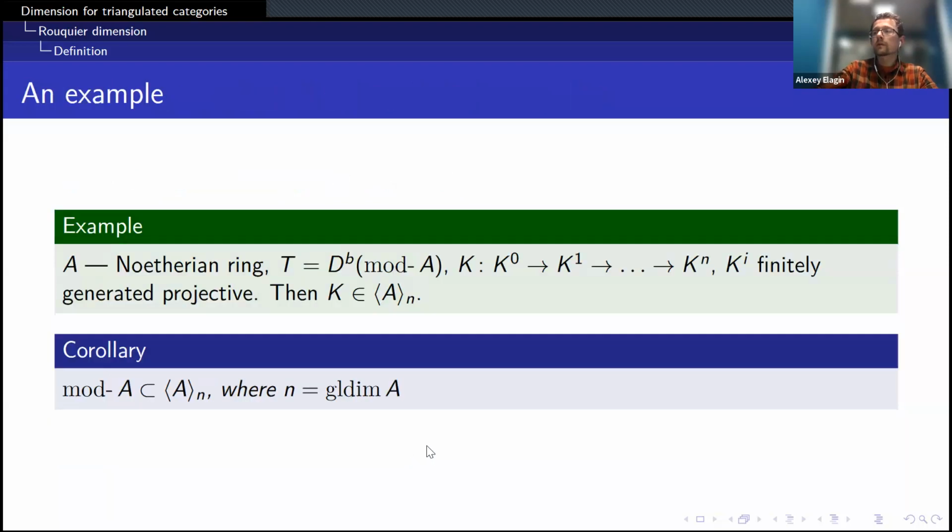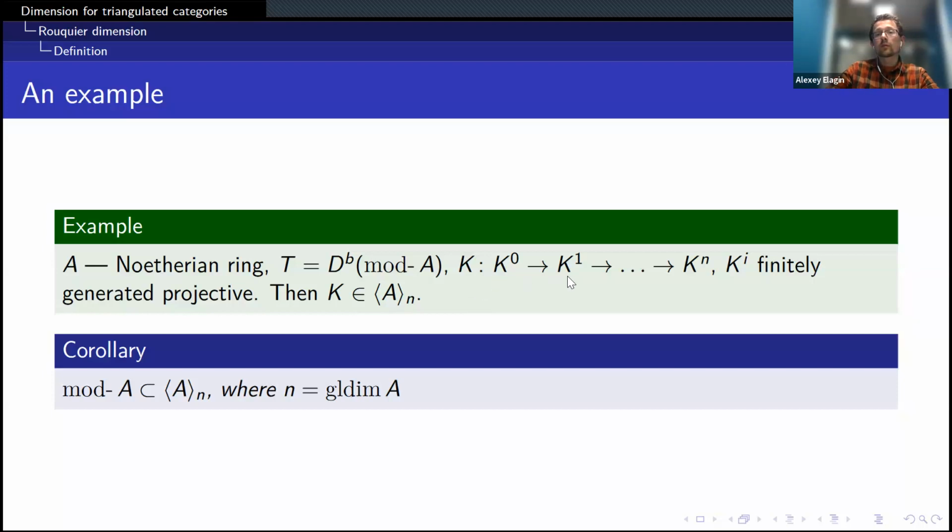So, for example, if you have never seen this before, it can be interesting and useful to consider this example. Let's take some Noetherian ring. Let's take the free module A as a generator.